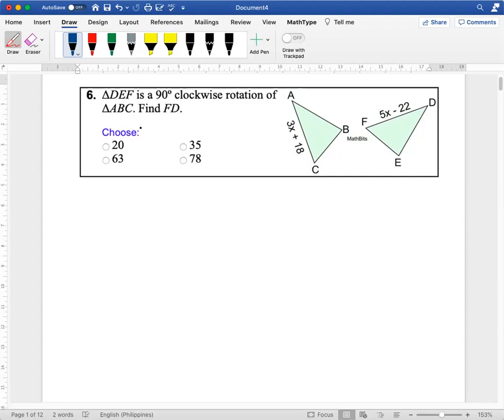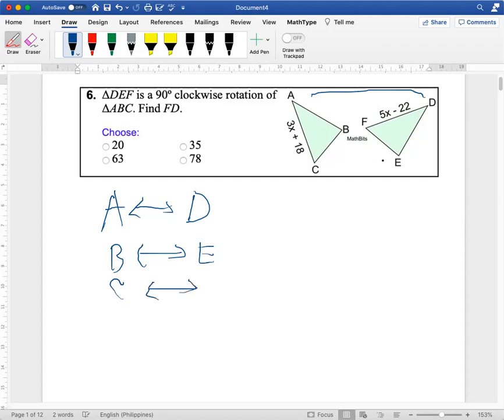We know that A corresponds to D, so that's AD, and B corresponds to E, and C corresponds to none other than F.